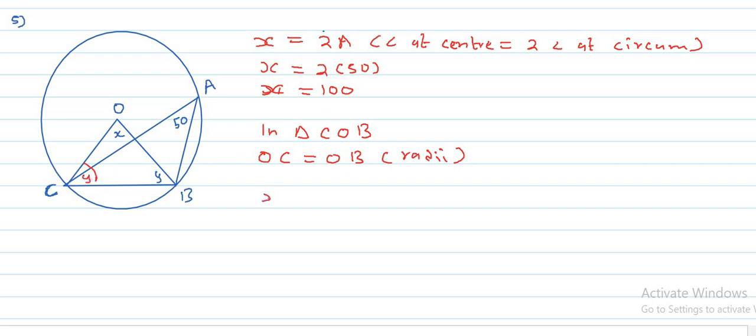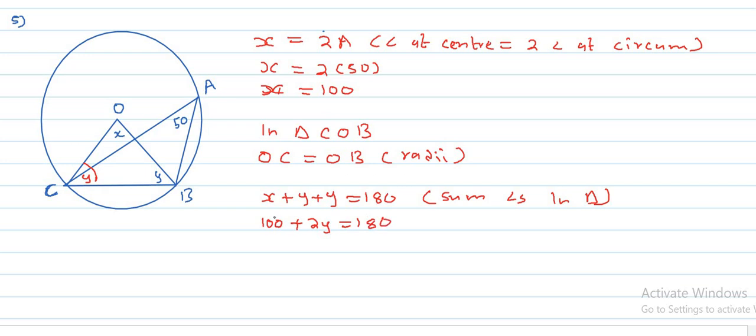So we're going to say x plus y plus y equals 180 degrees. What is the reason? Sum of angles in a triangle. x, we got it to be 100. y plus y is 2y.